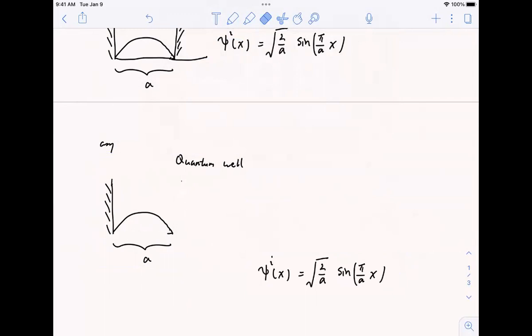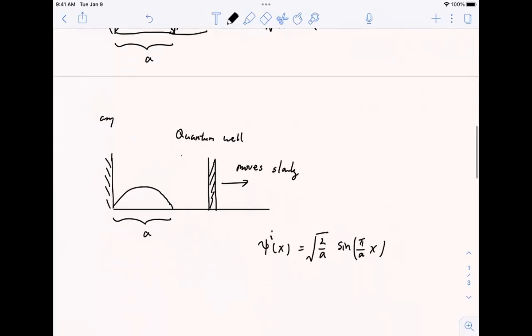You just allow this wall to move slowly. Then at every instant, this wave function will just follow.